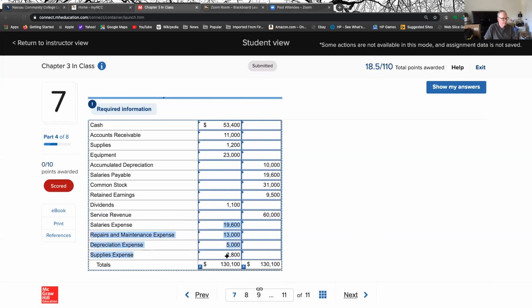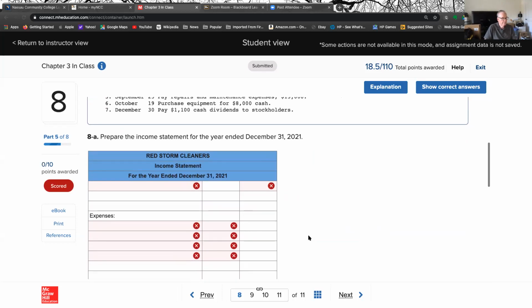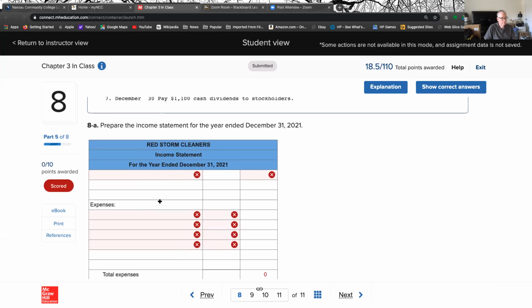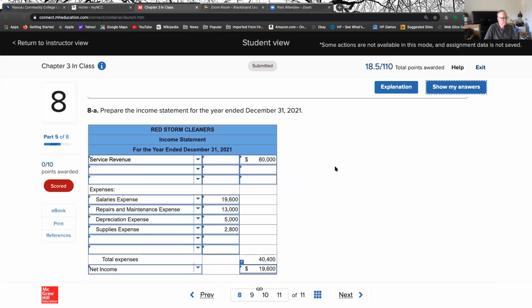Here are your expenses. So all you have to do now is go to an income statement, right? And put them in. So service revenue, 60,000, list the expenses. Total expenses were 40,400. Net income is 19,600.